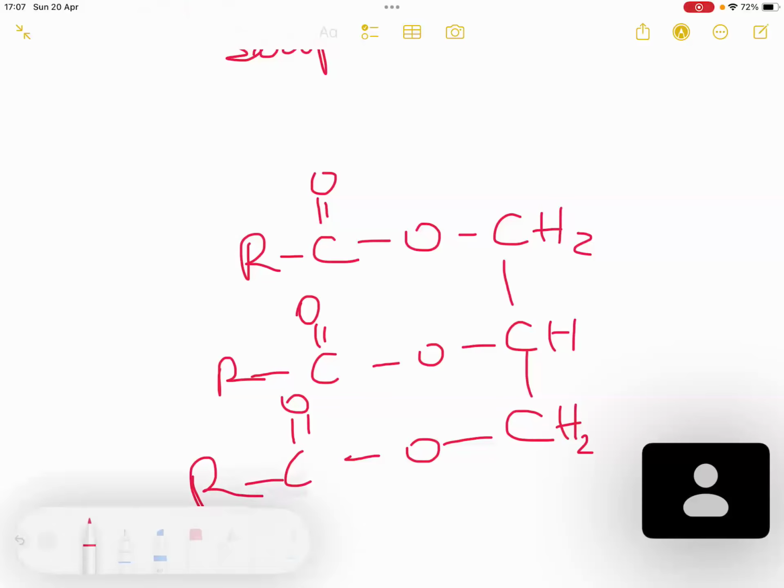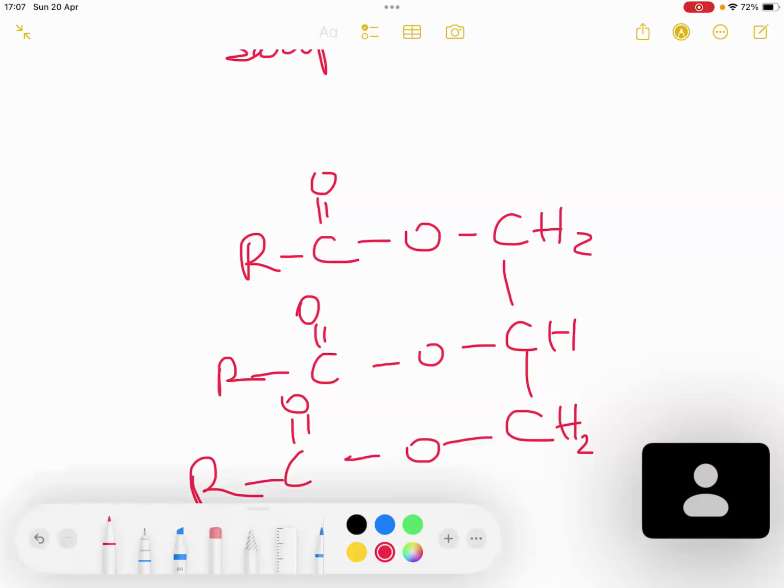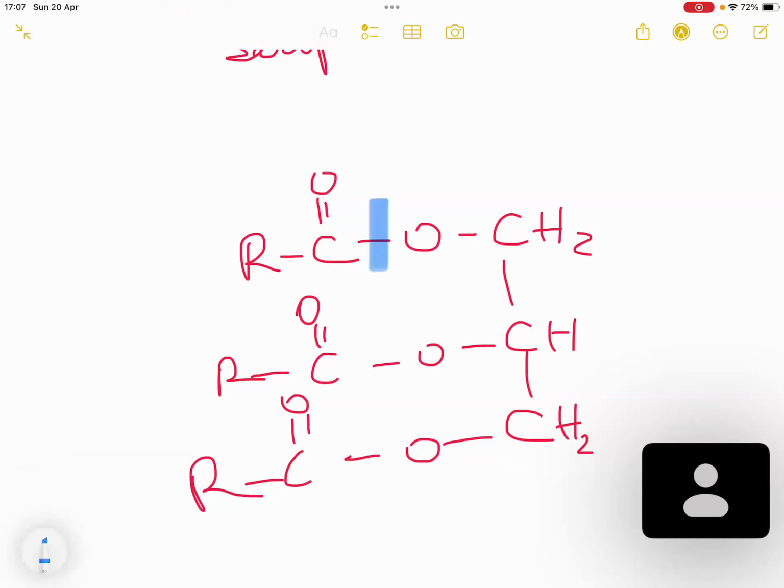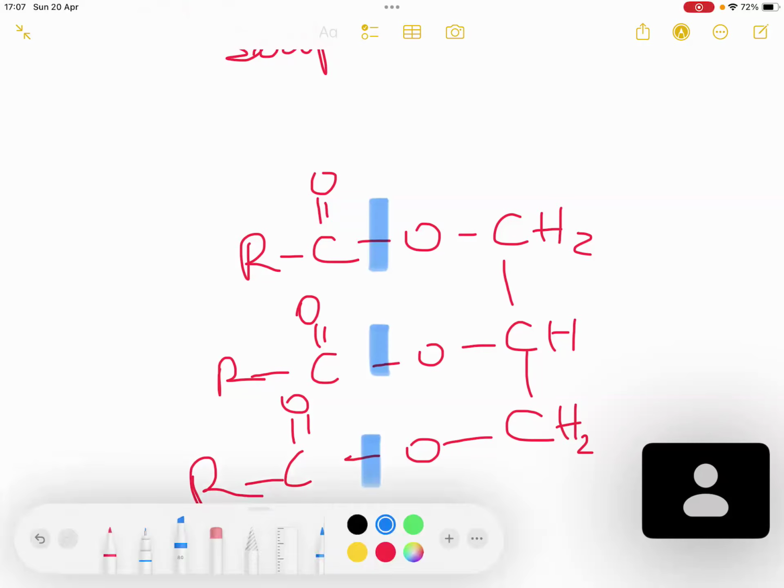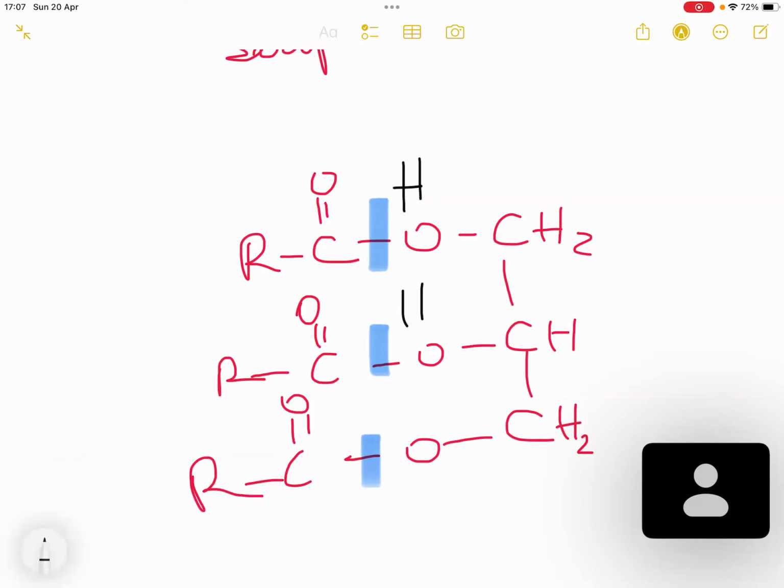So when the molecules split right here, we already figure out what's happening to the acid part of the ester. So we're going to be looking at the alcohol part. Each of them is going to get an H right there.